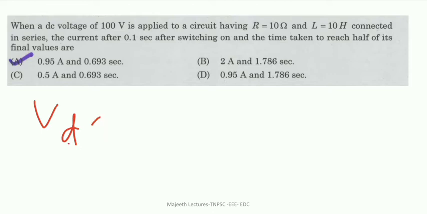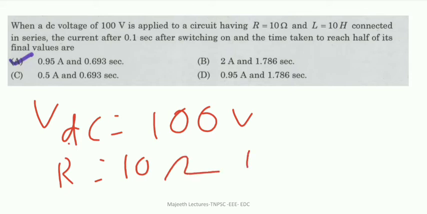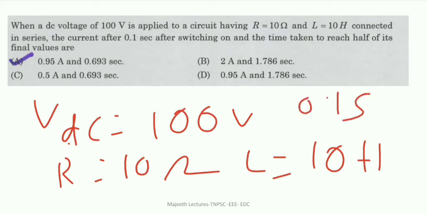V, DC voltage 100, R 10 ohm, L 10 Henry. So current after 0.1 second, that is what they asked. So it is an RL series circuit, right?